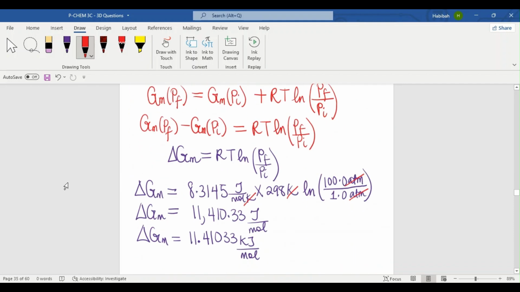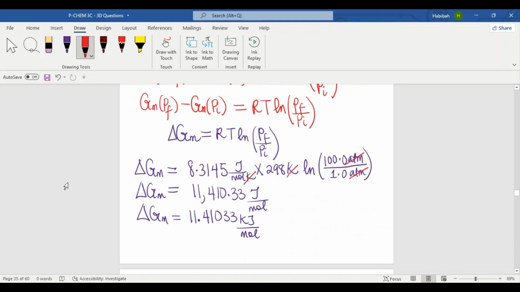You use the lowest number of significant figures, so 11.41033 kilojoule per mole in two significant figures becomes 11 kilojoule per mole. This is the answer to this question.